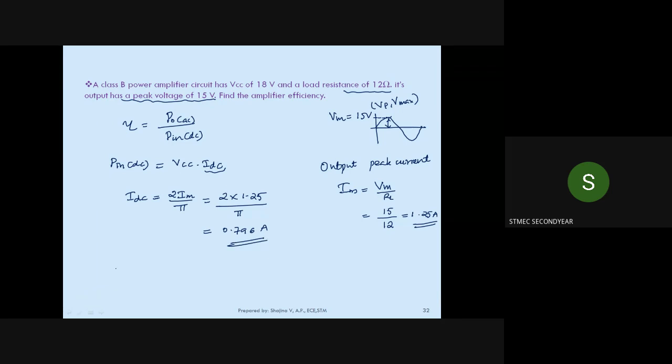So we can say our input DC power is equal to VCC into IDC, where VCC equals 18 volt and IDC equals 0.796 ampere.